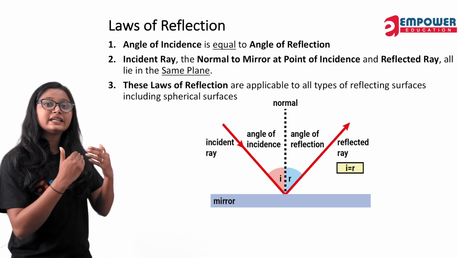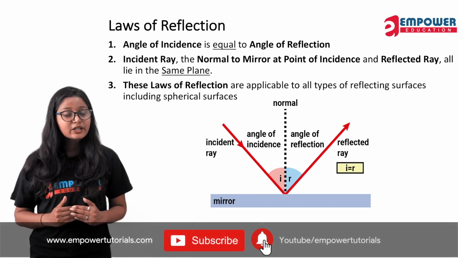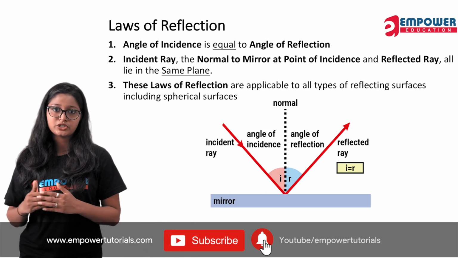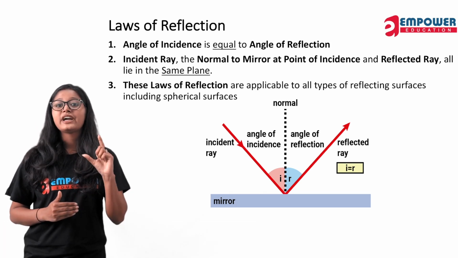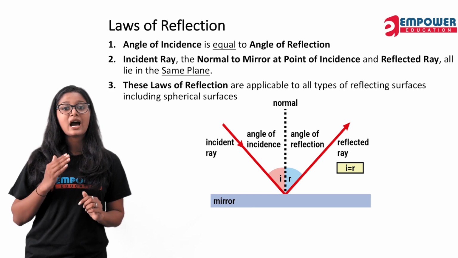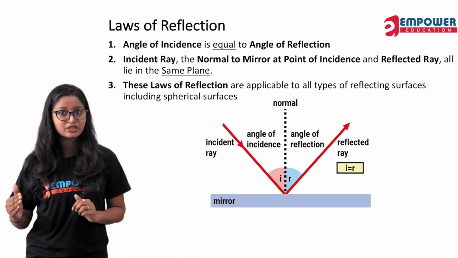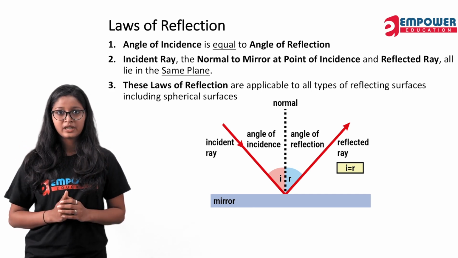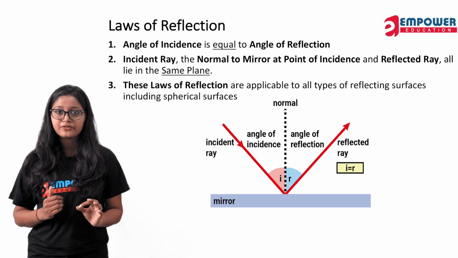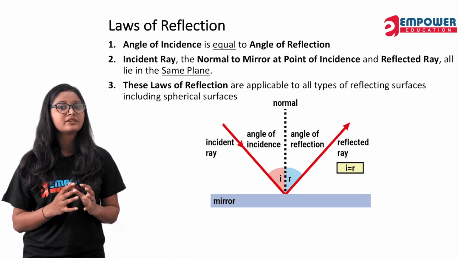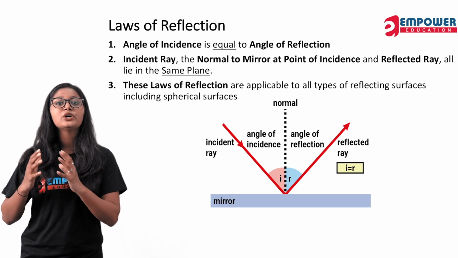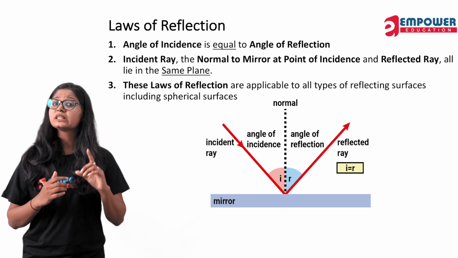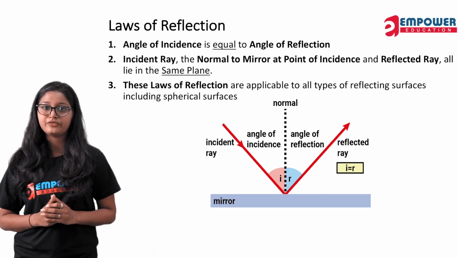When it is getting reflected back, the angle of incidence should be equal to the angle of reflection, which means if I denote the angle of incidence by i and the angle of reflection by r, then i should be equal to r. For example, if the angle of incidence is 30, then the angle of reflection should also be equal to 30. This is the first law of reflection.